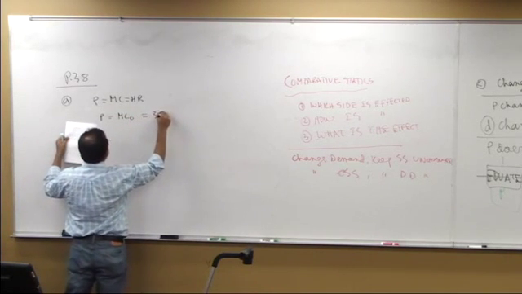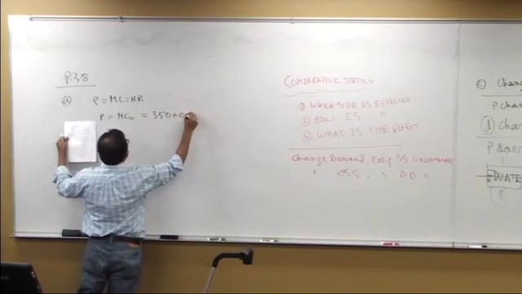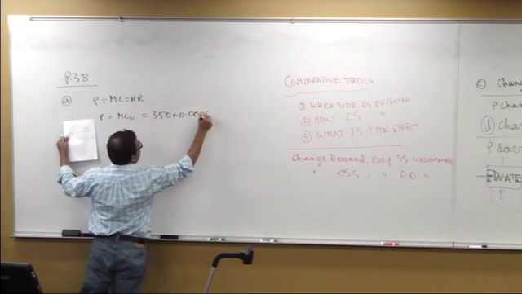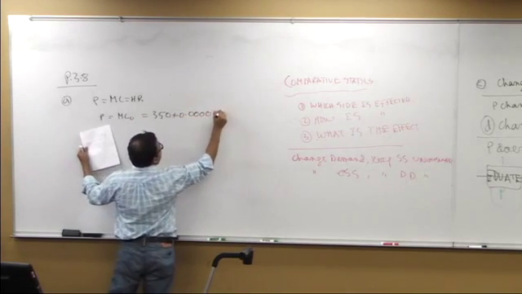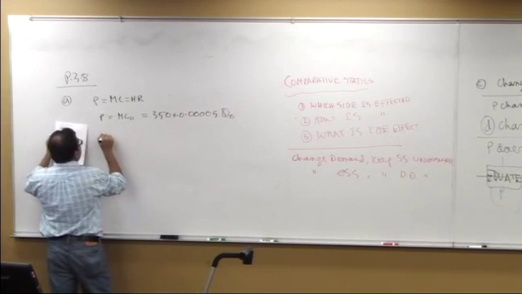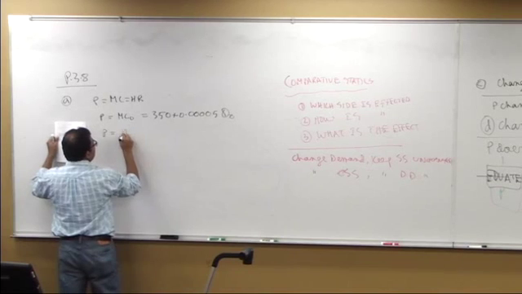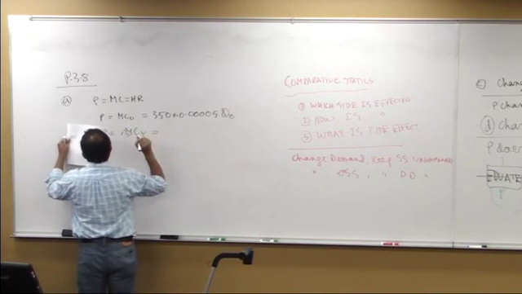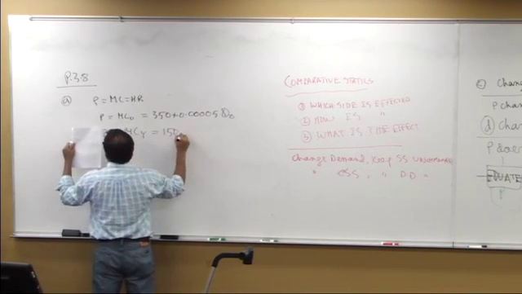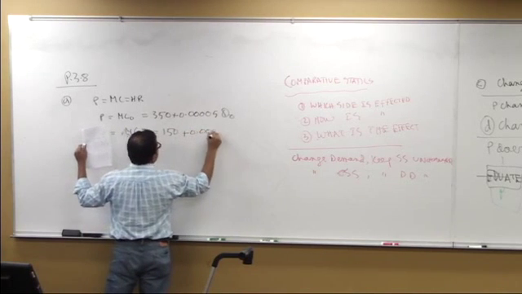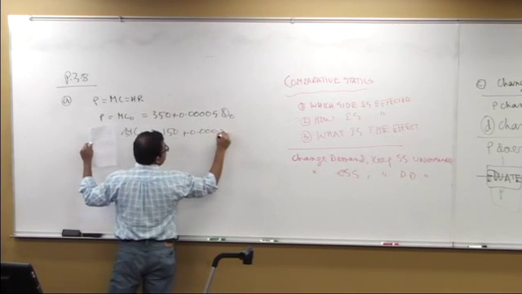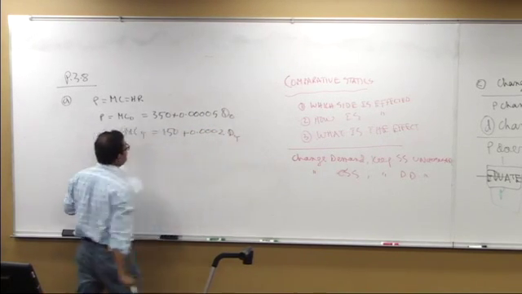So it is going to be 350 plus 0.0005 QO, and for firm Y, this is going to be 150 plus 0.0002 QY.